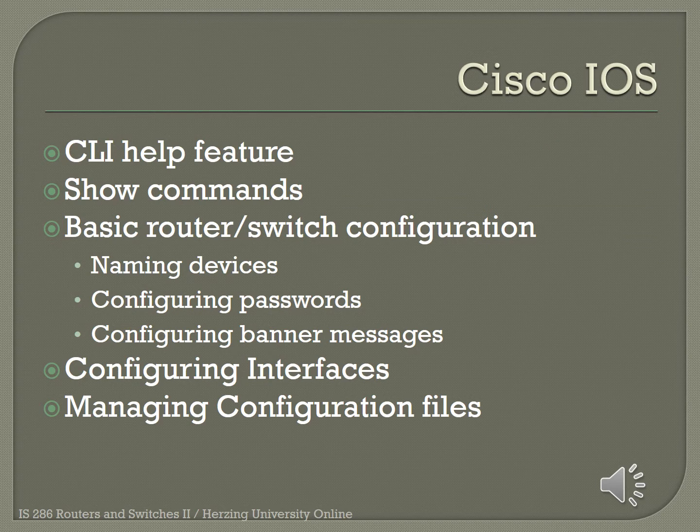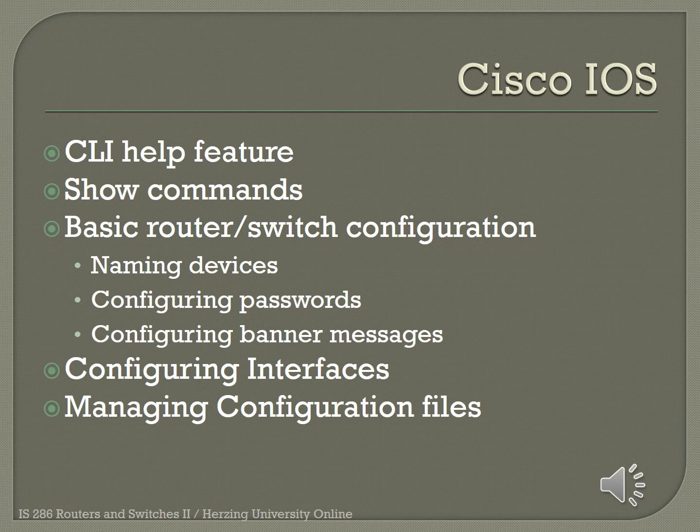Here's what we will be reviewing throughout this presentation. We will take a look at the Command Line Interface, or CLI, Help feature and learn how valuable a tool it can be. And again, you used this feature a lot in IS-284, but you'll need to continue to use it here in IS-286. We will also take a look at show commands in general, as well as a few specific ones.